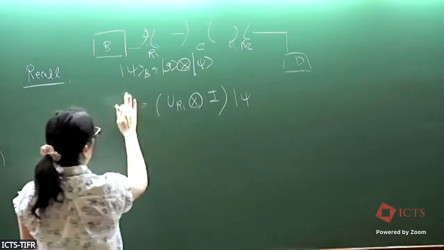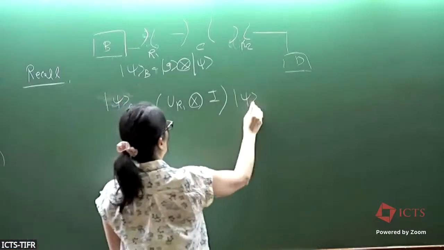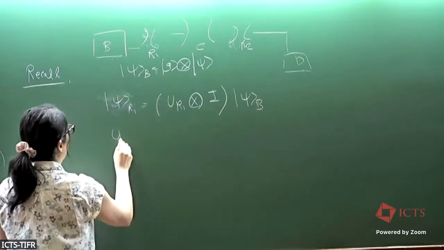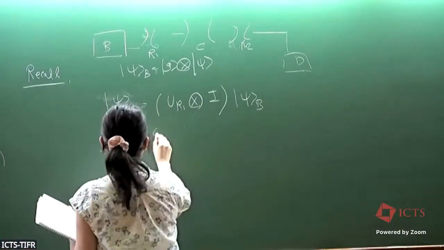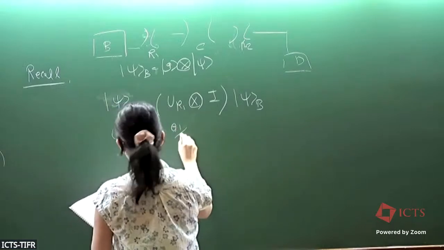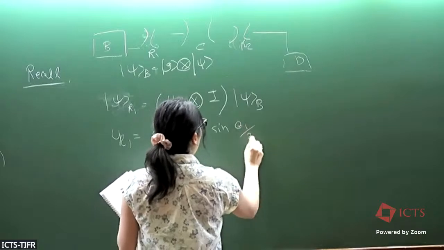So this is psi R1, which is psi B, and UR1 in fact has this form: a rotation theta 1/2 with theta 1 some physical parameter.